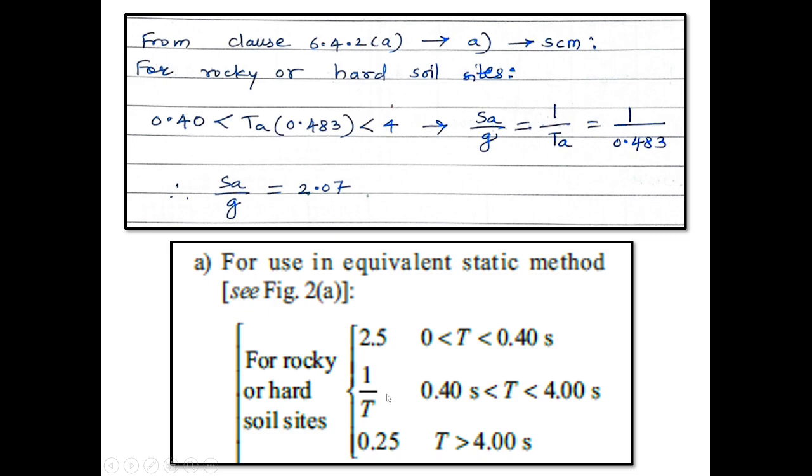Here it is clearly shown here. This I have taken from IS code directly. So 1 by Ta. That means your Sa by g is 1 by 0.483. So Sa by g is 2.07.